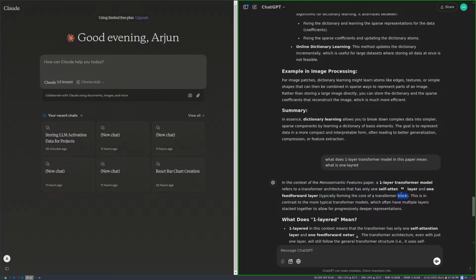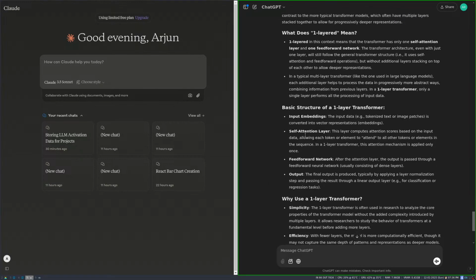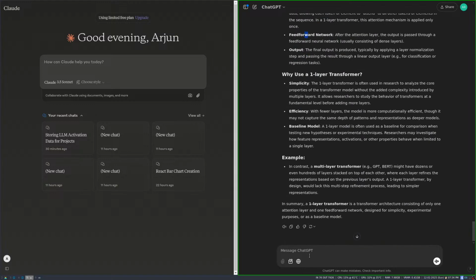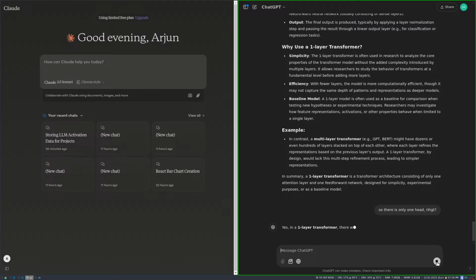Really? One self-attention layer? Wait, what does that mean? Does that mean it has one head? So there is only one head, right? Yes, okay.